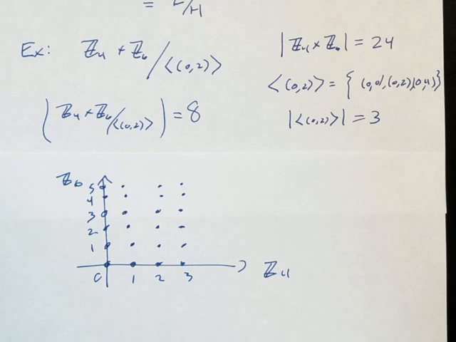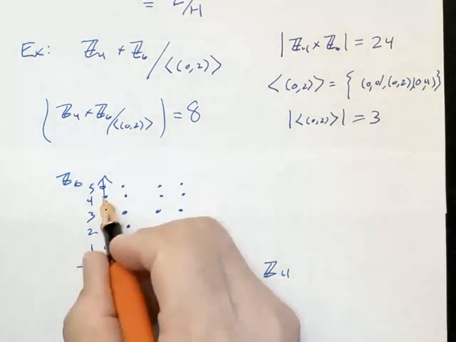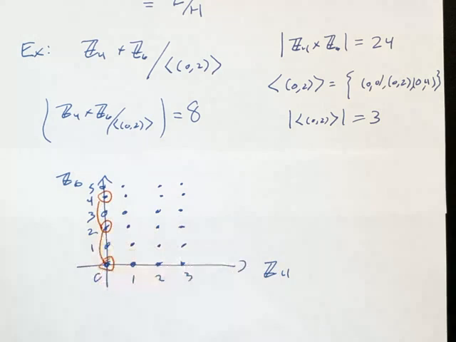Where's my subgroup generated by (0, 2)? Oh, that's (0, 0), (0, 2), and (0, 4). I'm going to connect those. Just like we did before, I need things that are parallel to this.